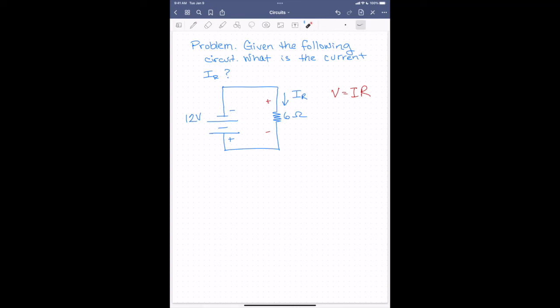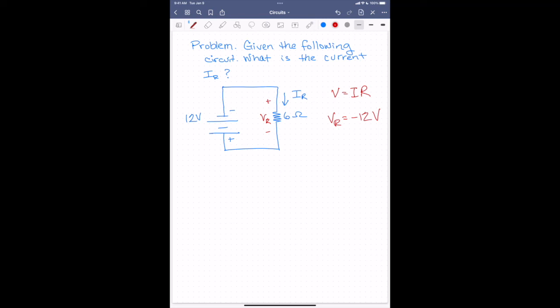Ohm's law is defined as the current going into the positive side of the voltage. So if I define that voltage plus minus and I call it VR, then we know that VR is going to be equal to minus 12 volts. That's because the minus here is connected to the plus here, and the plus is connected to the minus. It's the opposite direction as the voltage across the battery.